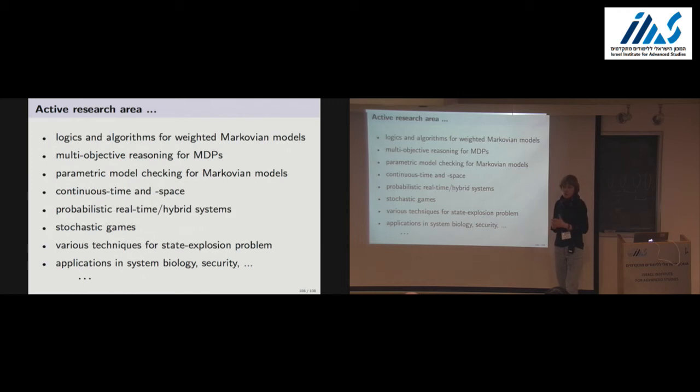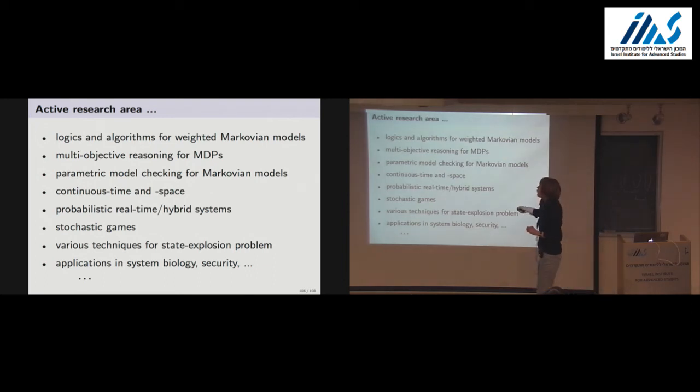You might, for instance, have two formulas, and you want to look for a scheduler that makes sure that the probability for the first formula is larger than 1/2, and for the second formula it is smaller than 0.3 or something like that. There are techniques for this multi-objective reasoning, and indeed they reuse ideas for this LP that I've shown you for the mean payoff games, at least to some extent. This is doable.